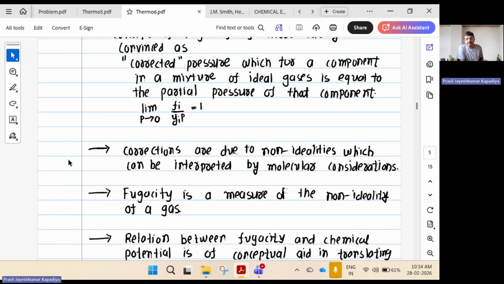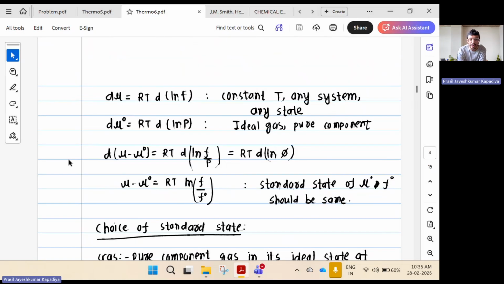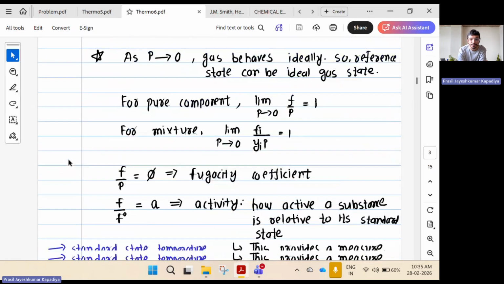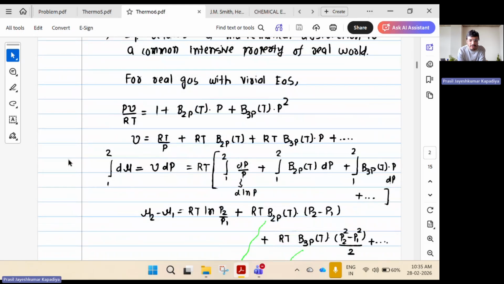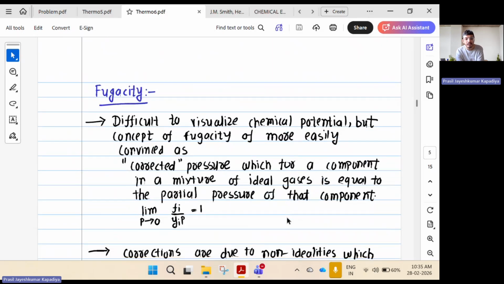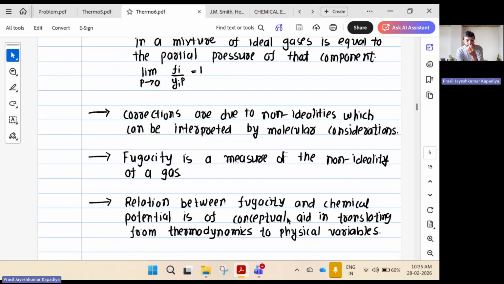These corrections are basically due to non-idealities, which can be interpreted by molecular considerations. So this term of non-ideality is what is being considered in ln f. So it is a measure of the non-ideality of a gas.